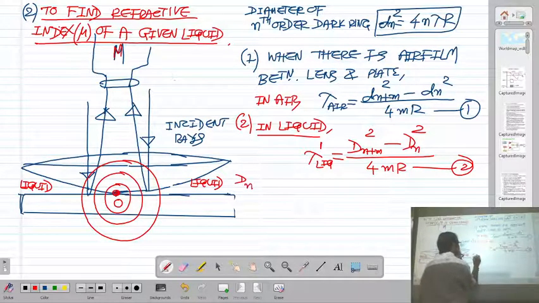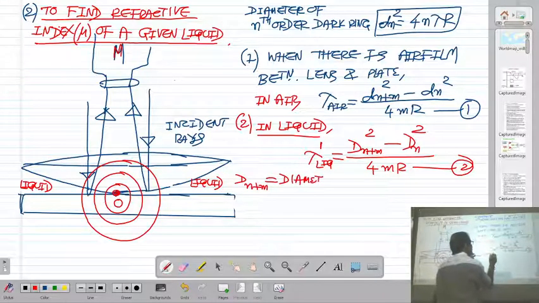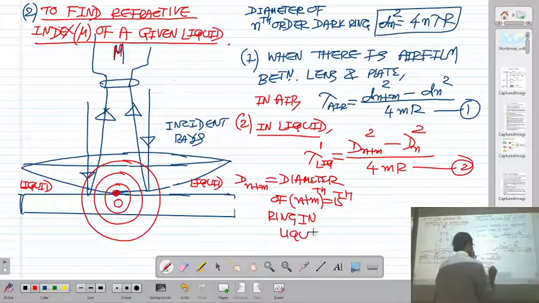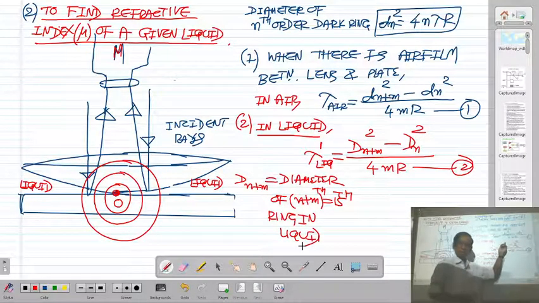So what is capital D n plus m? It is the diameter of the n plus mth order, that is the 50th order dark ring in liquid.